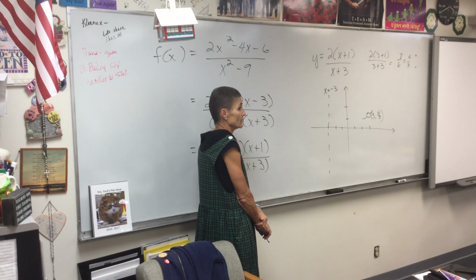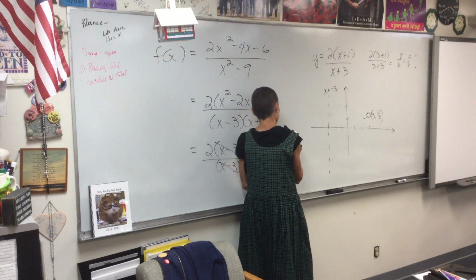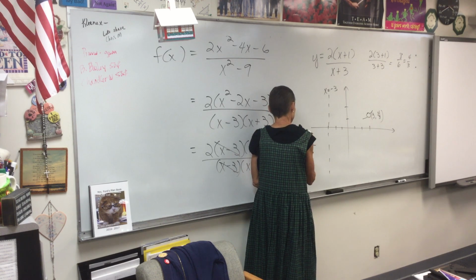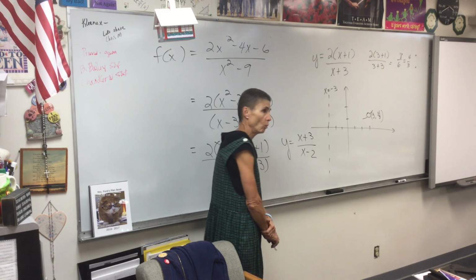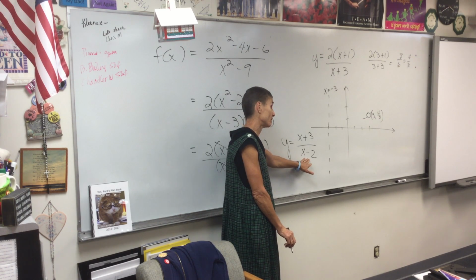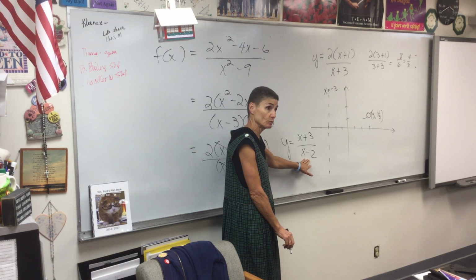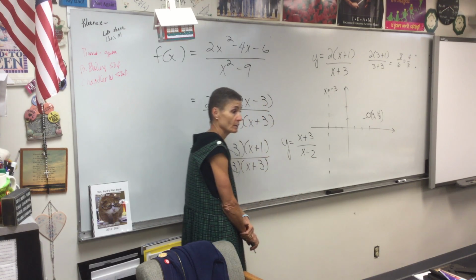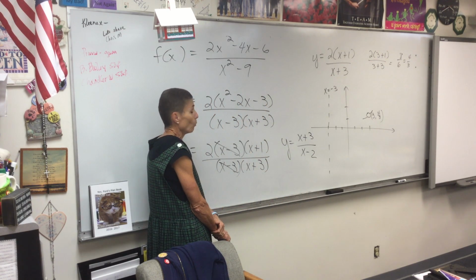If you had a problem like this, kids, there will be no hole. Do you understand that? There will be a vertical asymptote. Where will it be? At x equals 2. But there's no hole.